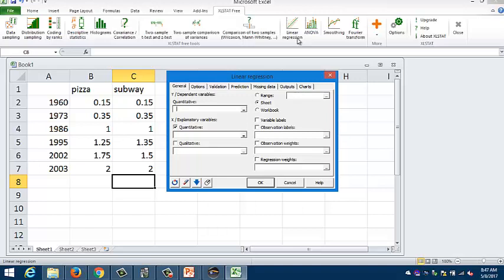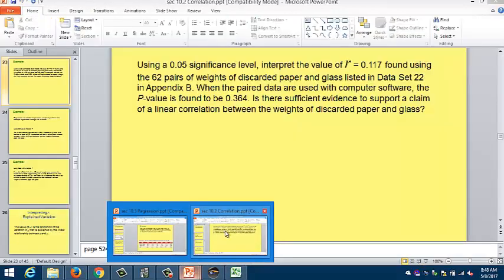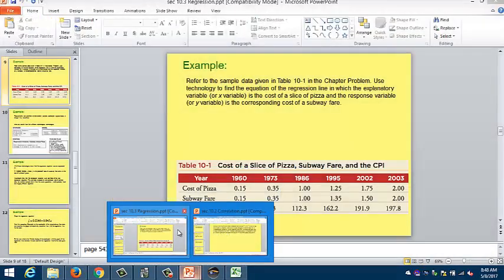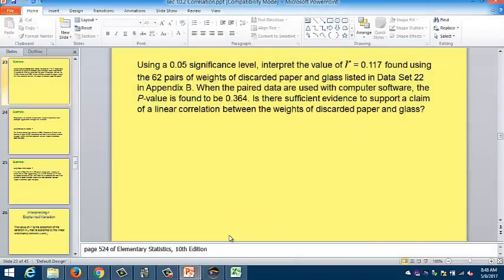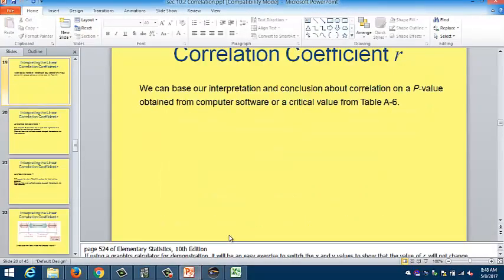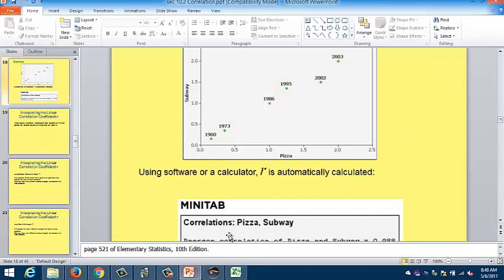But just so we can match up with what they did, let me compare to their picture. When they did this problem, they have the X coordinate as pizza and the Y coordinate as subway. So if I want to make it look like them, I'll make the Y be subway.